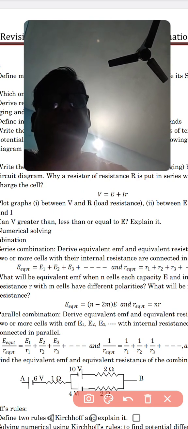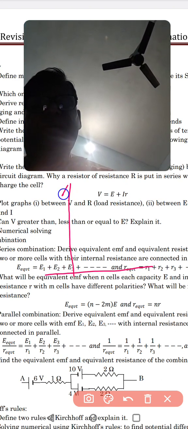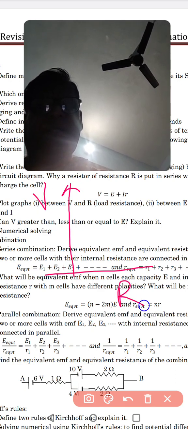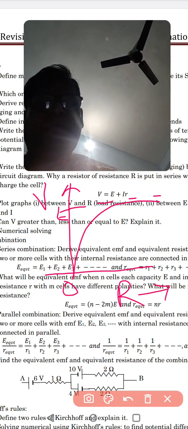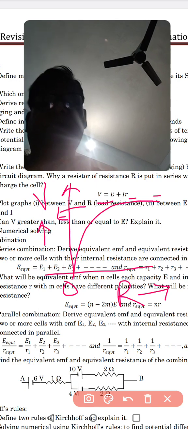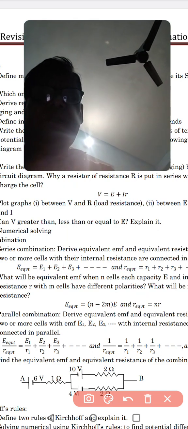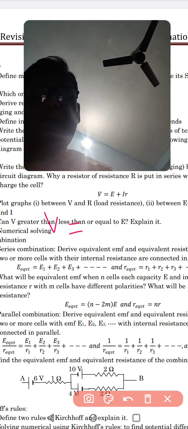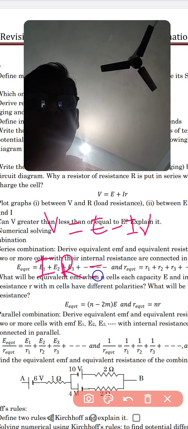For the graph between V and R, R is the load resistance, and the shape of the graph is like this, with this value being E. This is the potential difference. In this case we get the equation V equal to E minus Ir, and V equal to IR in the circuit.